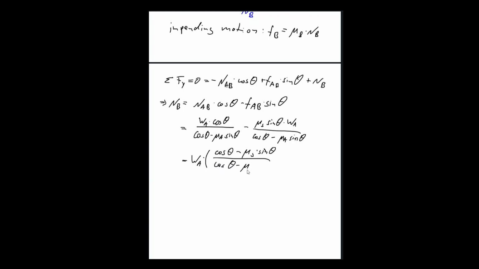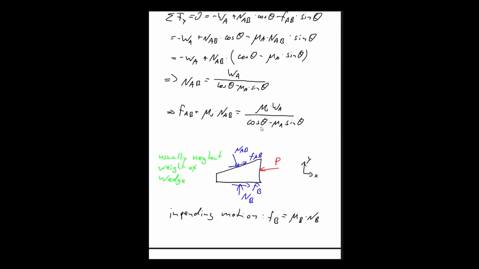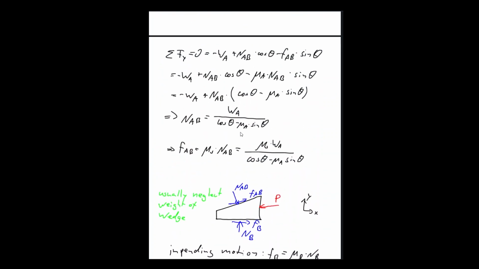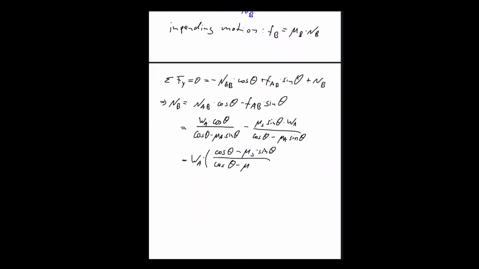Cosine theta mu, why do we have an S in here? Getting myself moved around. These should not be S's. We started with an S here. This should be an A, of course, because it's up there. Let's see, where else do we have this?